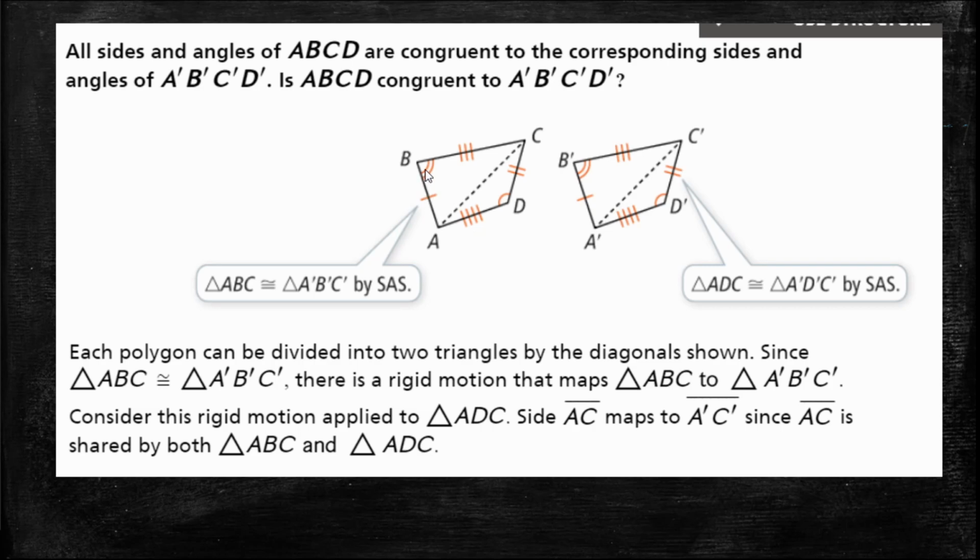Here I have side 1 tick mark, double tick mark, triple side tick mark. 1 side tick mark, double angle mark, triple. Yeah, this triangle is congruent to this triangle. So that means all of its corresponding parts are congruent.